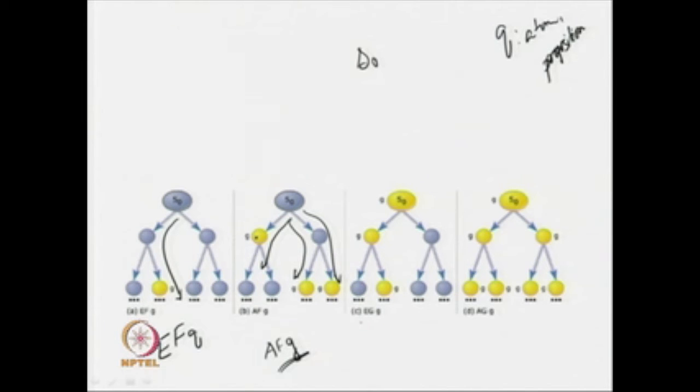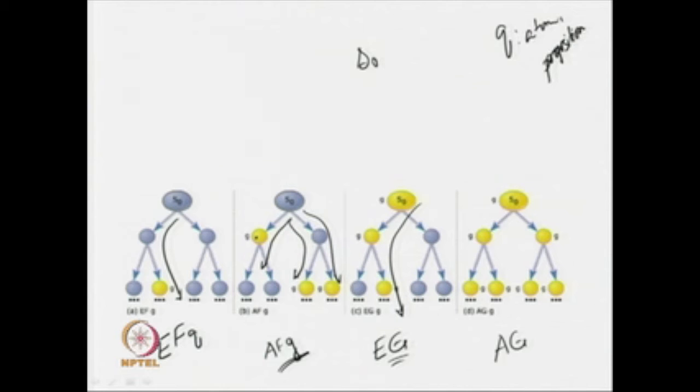Third is: there exists a path where globally something holds or not. This is the path where everything is marked with yellow, that means this property is true in all the states of this particular path. So, we can say that EG is true. And the fourth one is AG, all paths globally, that means this formula is true in all the states. If it is marked like that, then we can simply say that AG is true over here, because on all paths globally something is true.